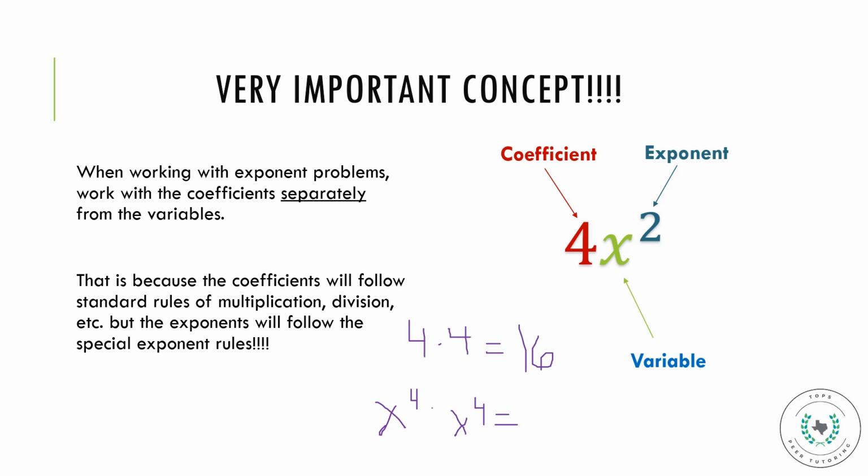That's normal. That's how it usually is. But when it's an exponent, remember you're adding them. Even though it says multiply, you're adding them. So this is just one example. But the coefficients are the normal numbers that follow the normal processes. And the exponents follow their own processes. So you want to split them up so that way you don't do the wrong process for the wrong type of value.